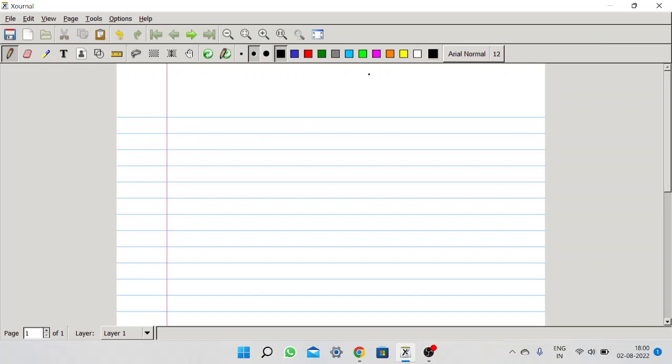So let me write the first problem. I'm not writing the whole question, I'm just writing whatever we want. The problem is the value of C for which the system of equations has a solution.